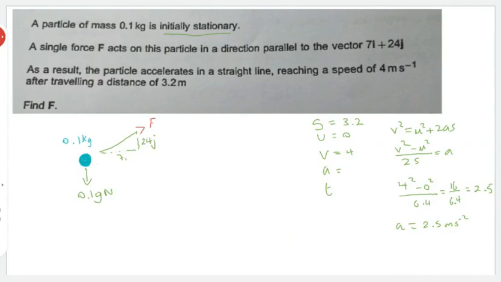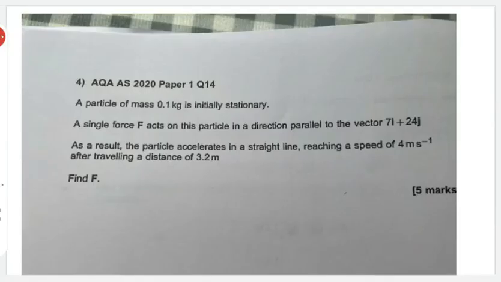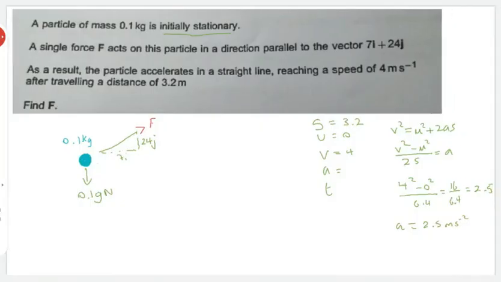Or do we? Am I overcomplicating this? No, I don't think I am. Actually, let me get a hint from how many marks this question is worth. It's only worth 5 marks. Okay, so we do this acceleration.